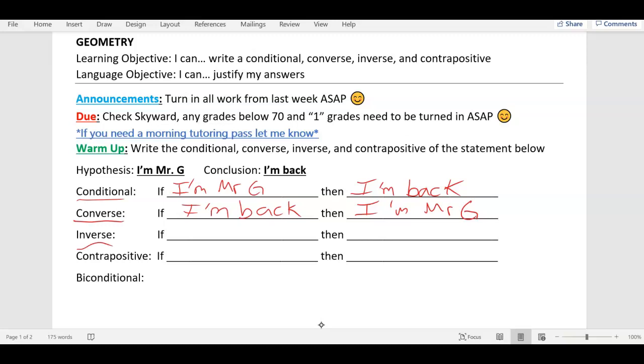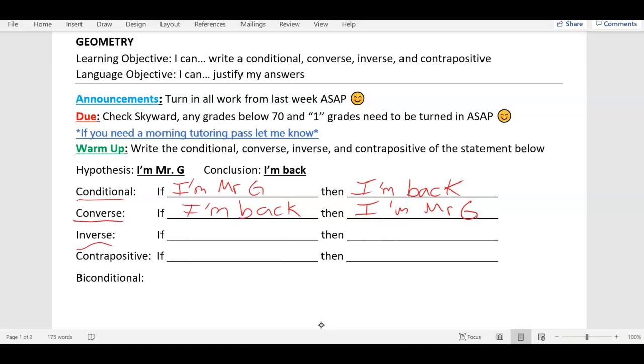It makes it opposite. So when you're doing the inverse, you're making both the hypothesis and the conclusion opposites. The easiest way to say the opposite of something is just to put the word not in there. Yes, it is. No, it's not.